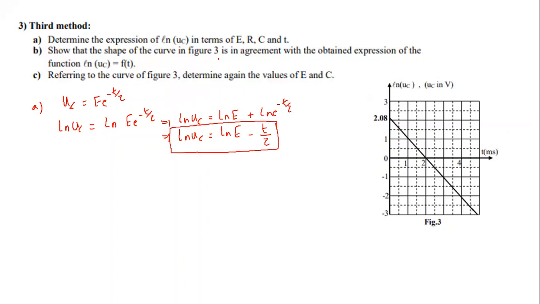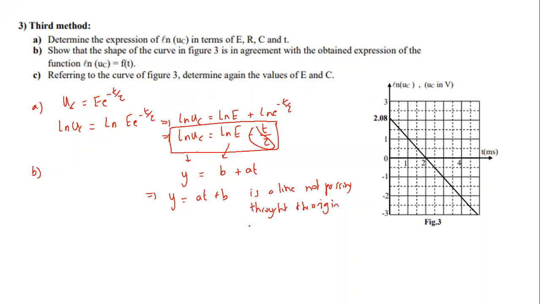Show that the shape of the curve in figure 3 is in agreement with the obtained expression. If we look at the curve in this figure, we have a line not passing through the origin and decreasing. So if I put the equation, this is y equals a t plus b, where ln E is b, plus the slope a t. It is of the form y equals at plus b, a line not passing through the origin.